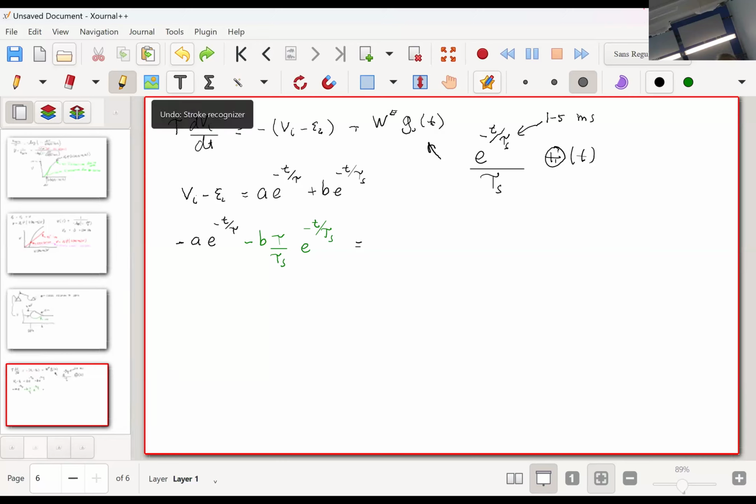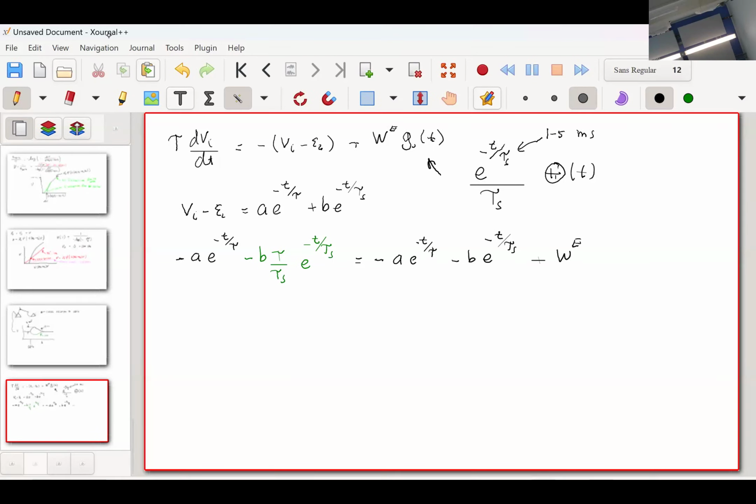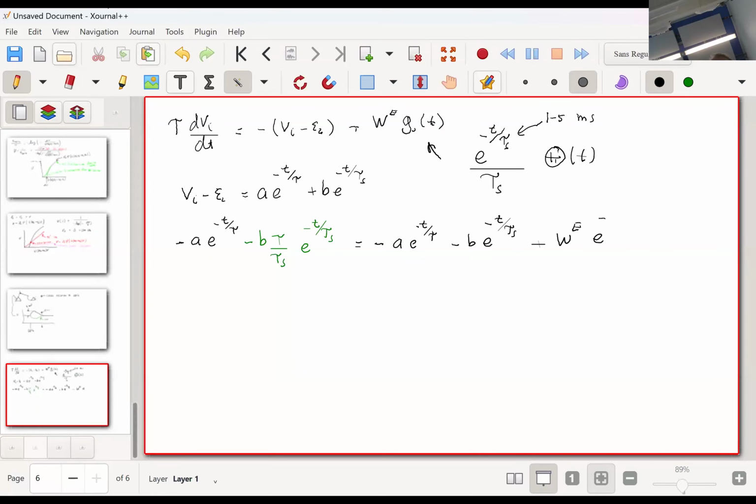So there's a minus sign, we get minus a e to the minus t over tau, minus b e to the minus t over tau s, plus we e to the minus t over tau s divided by tau s.